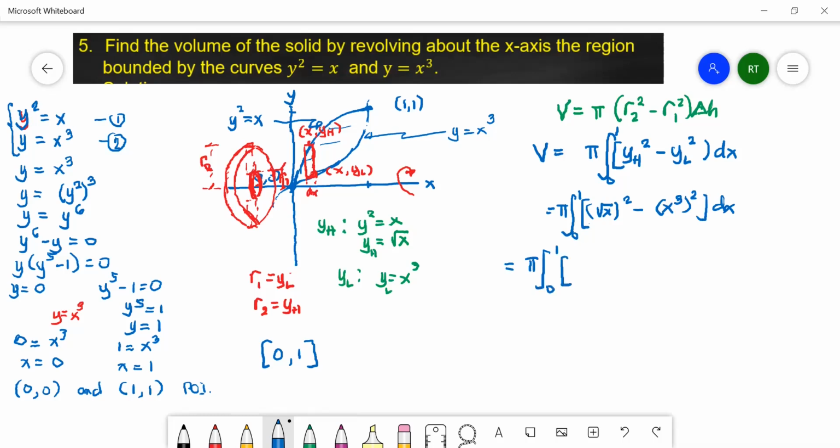Okay, let us simplify the integrand. The square of the square root of x is x, minus the square of x cubed is x raised to 6, dx.